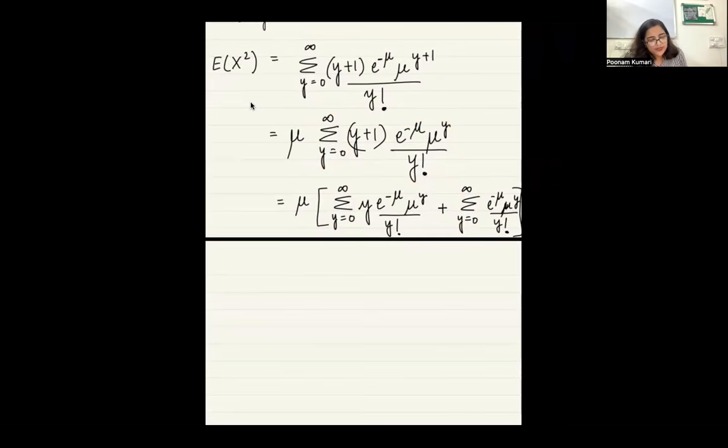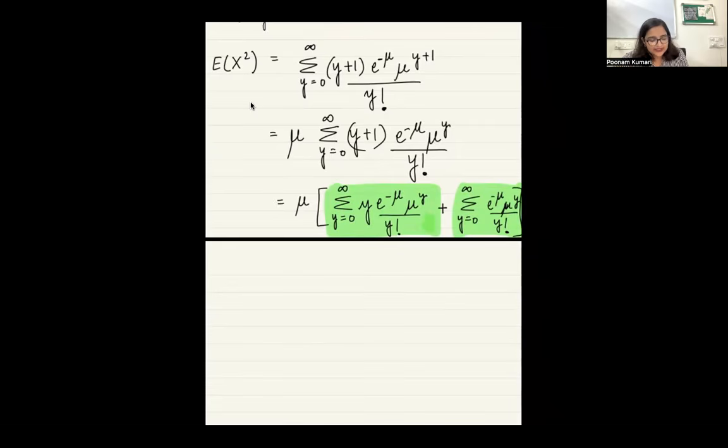ठीक है. तो अब ये बताओ ये क्या है? ये तो देखा देखा लग रहा है. Does this look familiar? What is this? And does this also look familiar? What is this? क्या है ये? y times e power minus mu mu power y divided by y factorial.